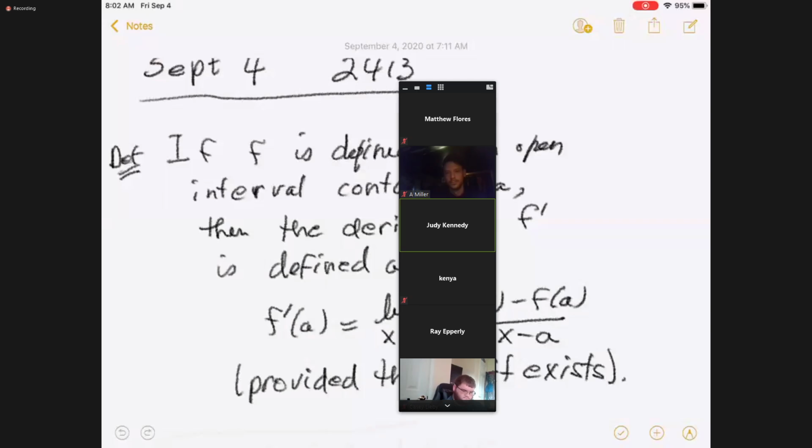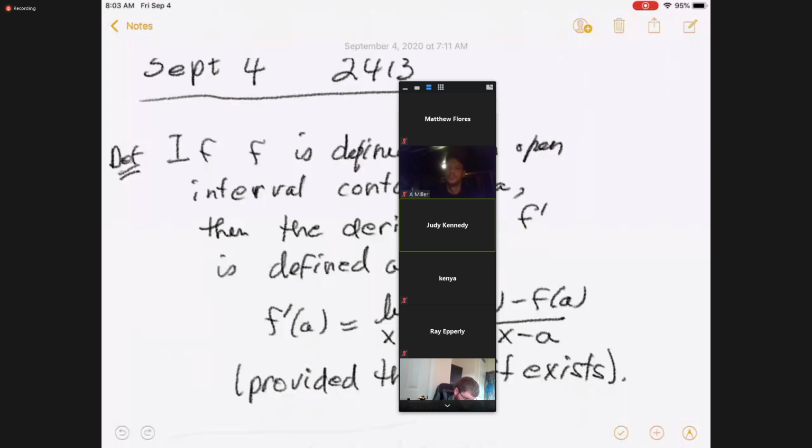So we talked about the velocity of a function, the slope of the tangent lines of a function, slopes of the tangent lines. And it turned out that the velocity and the formula for finding the slope of tangent lines is the same. So we defined, for a function f defined in an open interval containing the number a, the derivative f prime.